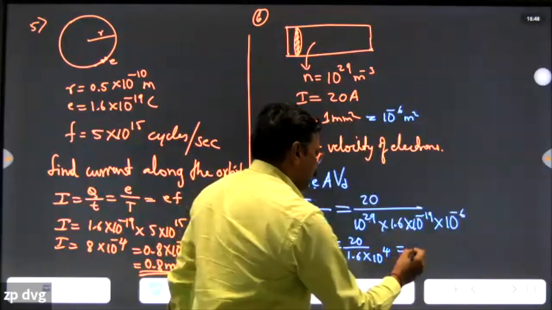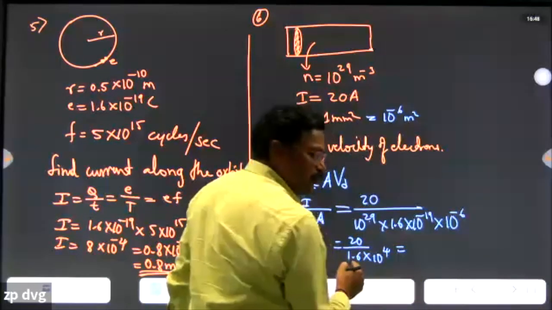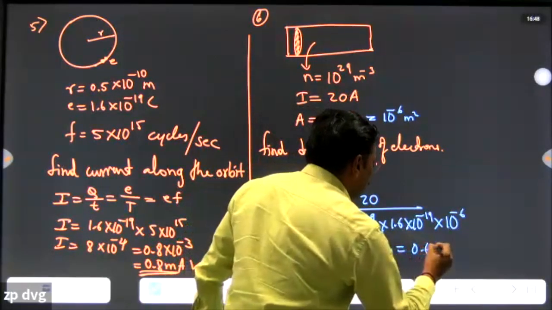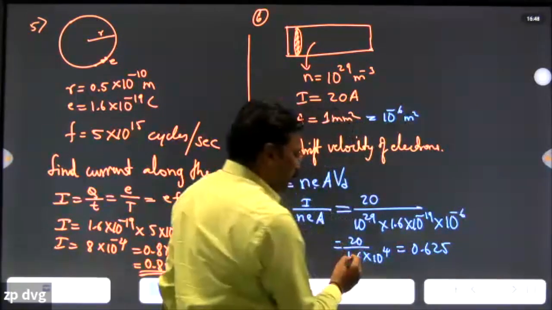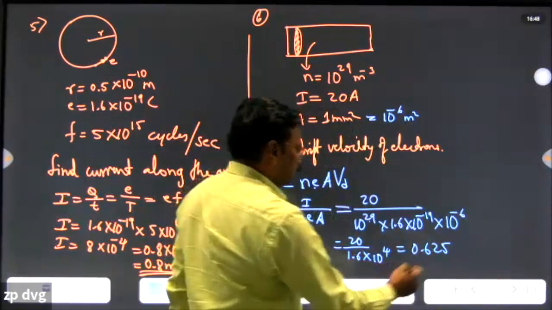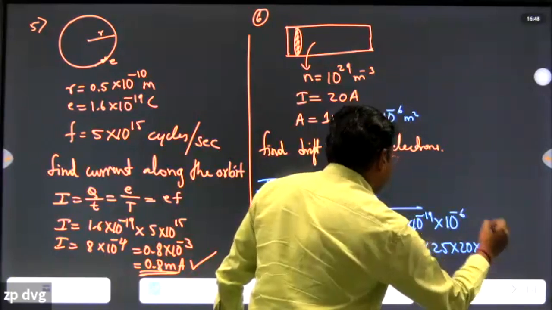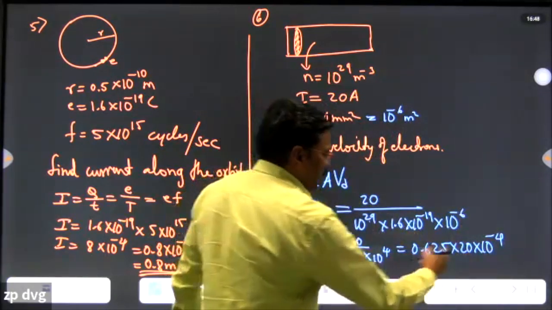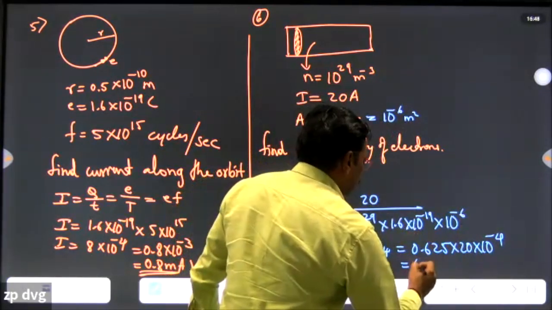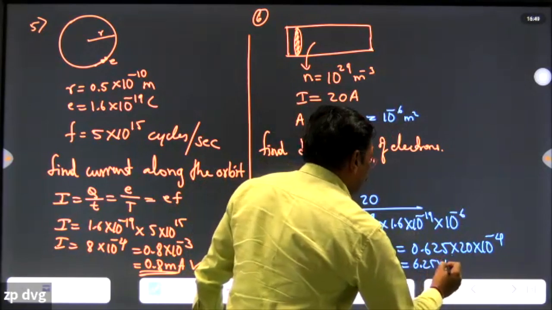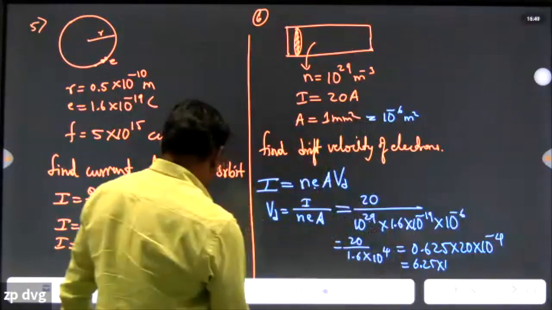This can be further written as, 1 divided by 1.6 is equal to 0.625, into 20 into 10 power minus 4. See here, this is written as 6.25 into 2.